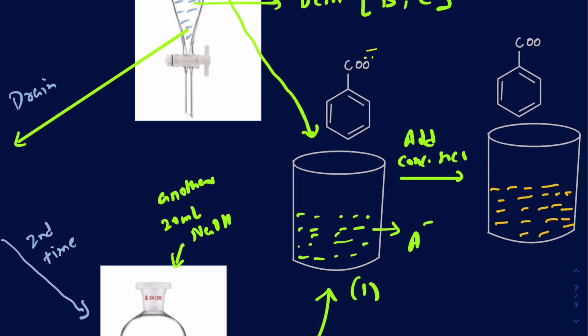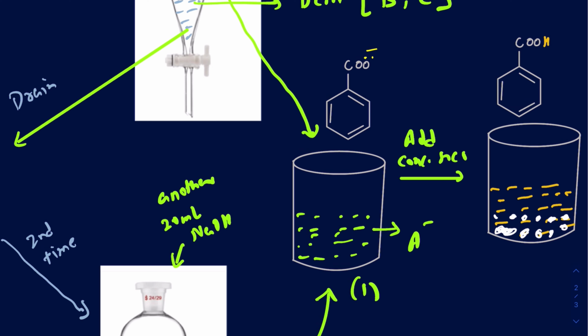So now you would have the H there. Now this is actually going to be insoluble in water, and as a result, it would precipitate out. So this thing is going to precipitate out on the bottom here because it would be insoluble in water.